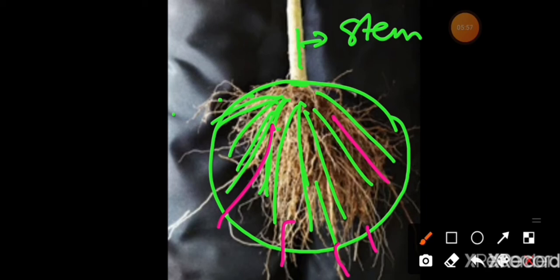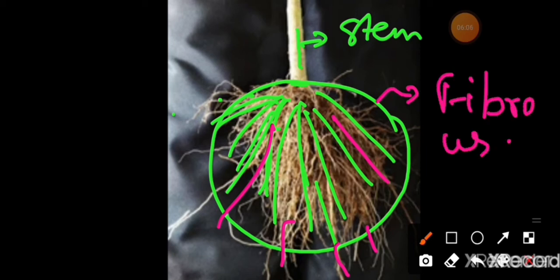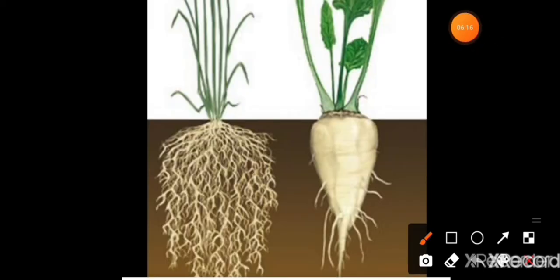and look like a bunch of roots or bunch of hairs, and this type of root system is called the fibrous root system. The examples are grasses, wheat and onion. They have the fibrous root system. You can also see the difference between the taproot and the fibrous root.